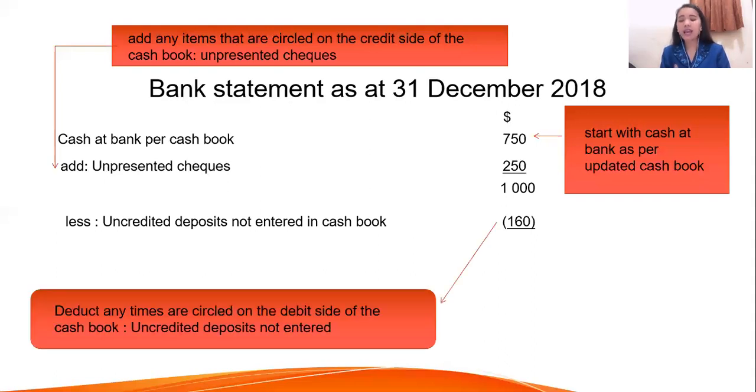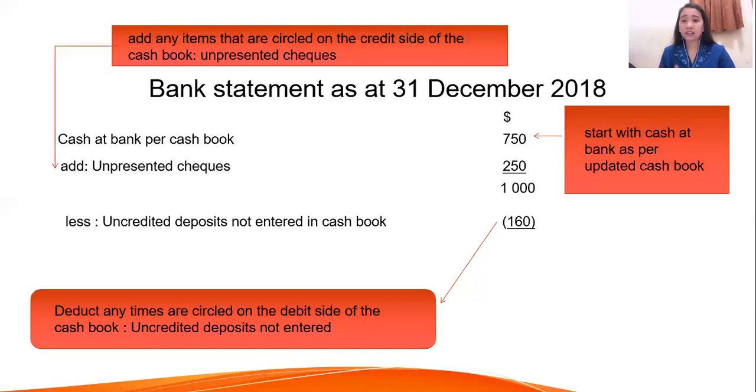So we deduct any items that are recorded on the debit side of the cash book. It means the uncredited deposit not entered. Because we already added this transaction into our cash book, now we want to follow the bank statement. The bank statement has not credited the deposit.